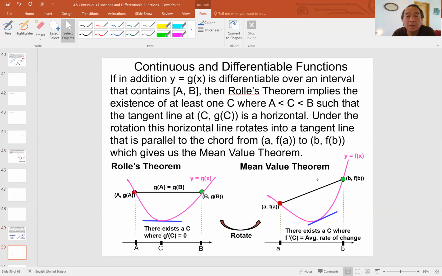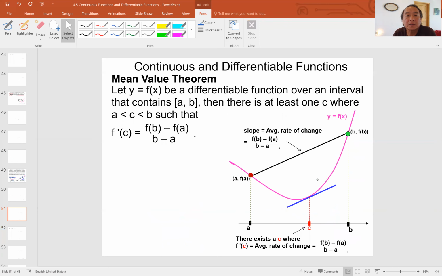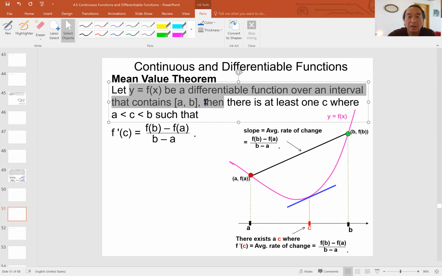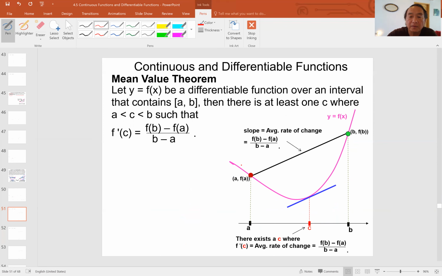So here, let me put it into a complete statement. We have a differentiable function over A, B. So we have a function that crosses A and B. That's differentiable. And if I were to calculate the average rate of change, the slope of this chord, then you can find a point c where the derivative at c is parallel to this line.